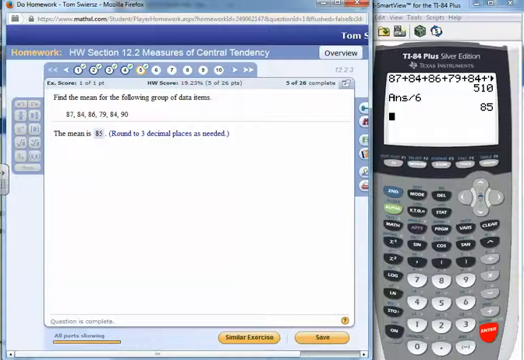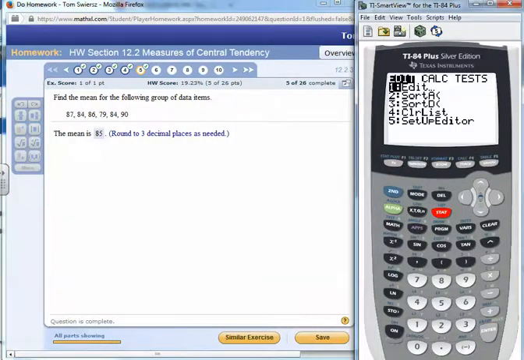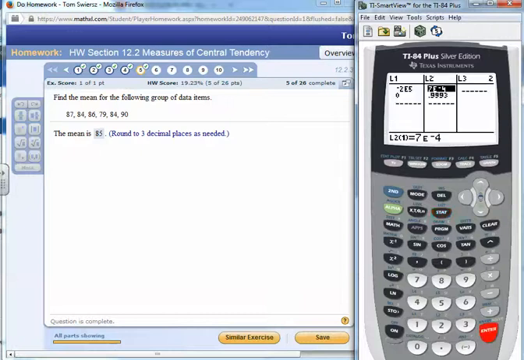Now, what I strongly encourage you to do, so you can see all the values more easily, and you'll save time when we do it with a frequency distribution, is put them in your list feature. So go to Stat, and we're going to Edit. It's already highlighted. If there are any values in L2, clear them out.